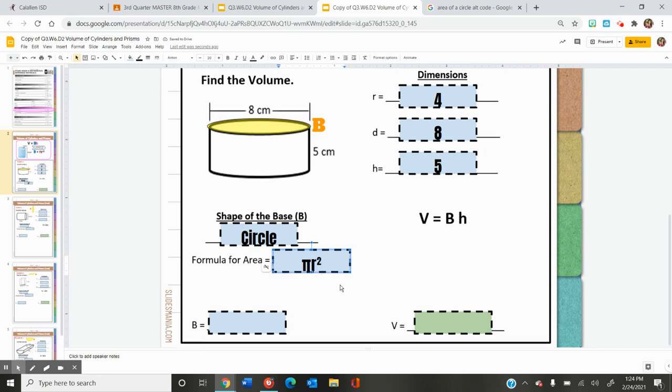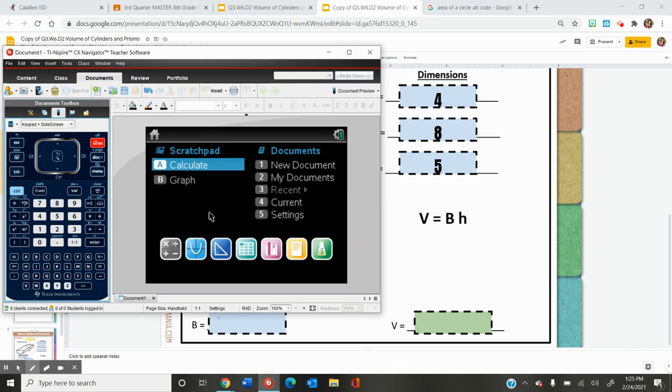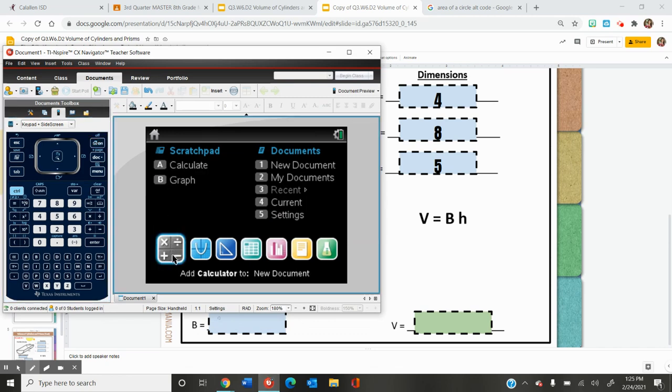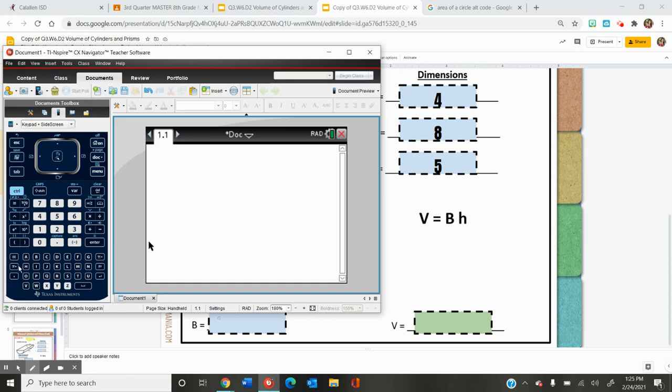So before I can continue to find the volume of this, I first need to find the area of my base shape. Now remember, it's pi times r squared. So I have pi times r is 4 squared. So to find the area, I'm going to go ahead and go into my calculator. From my home screen, I'm going to go ahead and press on Add Calculator. Now I'm going to press pi.